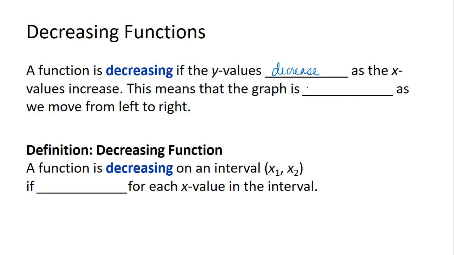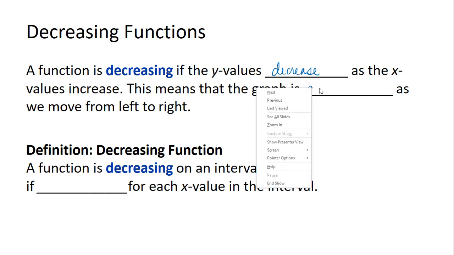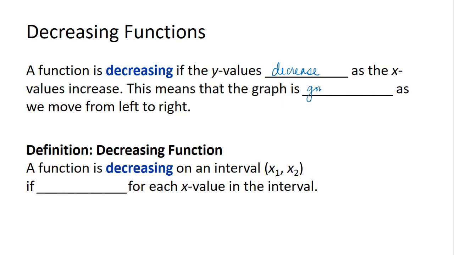This means that the graph is falling or going down as we move from left to right. So a function is decreasing on an interval from x1 to x2 if f of x2 is less than f of x1 for each x value in the interval.